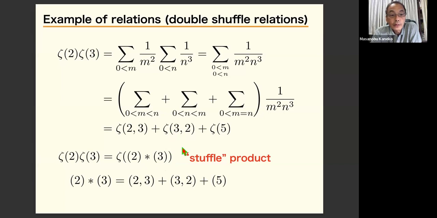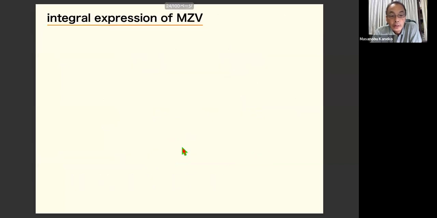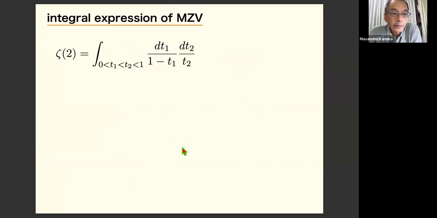There's another way, using the integral expression of MZVs, the so-called iterated integral expression. The first example, zeta 2, is this two-dimensional integral, dt1 over 1 minus t1, dt2 over t2, over this cone.